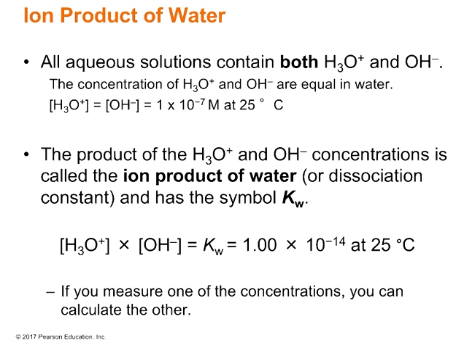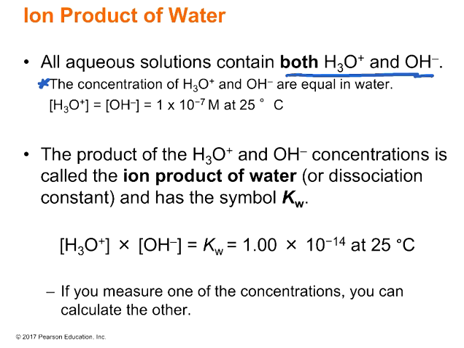Now, what's really interesting is that in aqueous solutions, because water is present, there's always going to be some amount of both hydronium ions and hydroxide ions. Now, because water is reacting with itself, we should end up with the same amount of hydronium ions and hydroxide ions in water.